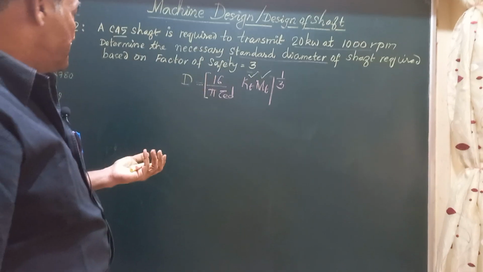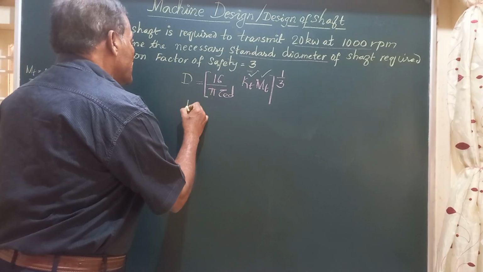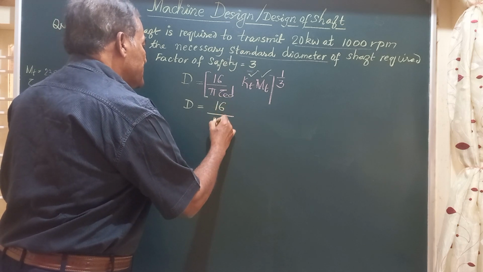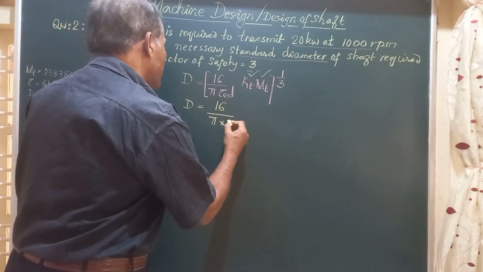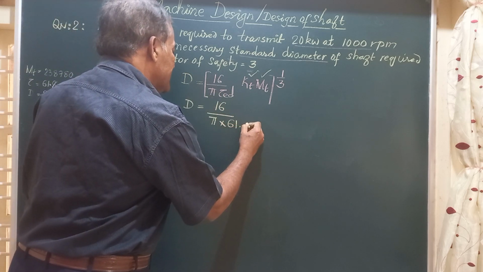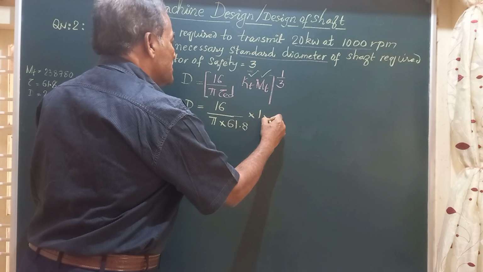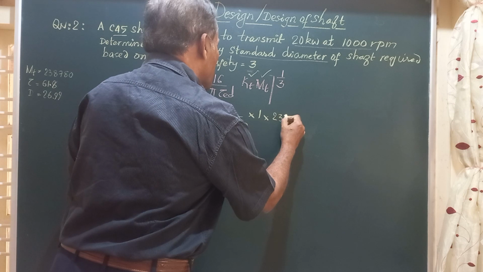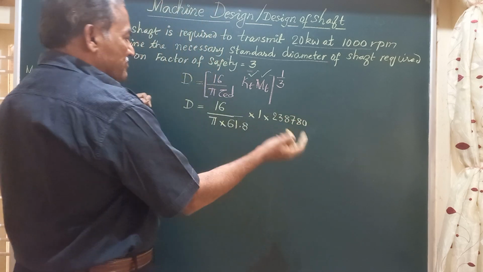So friends, let us substitute. So D is equal to 16 divided by pi multiplied by tau vd, 61.8, just now we have calculated, multiplied by KT which is 1, multiplied by MT which is 238780 Newton millimeter.